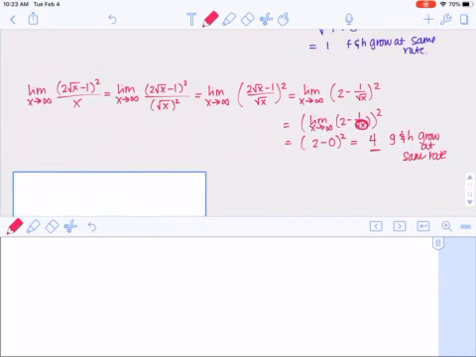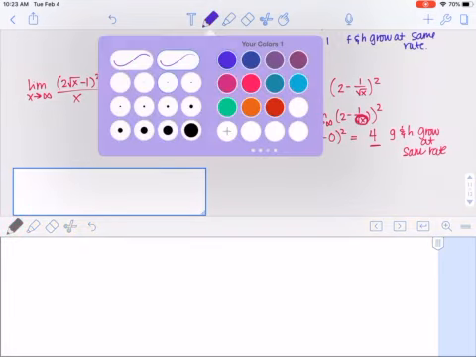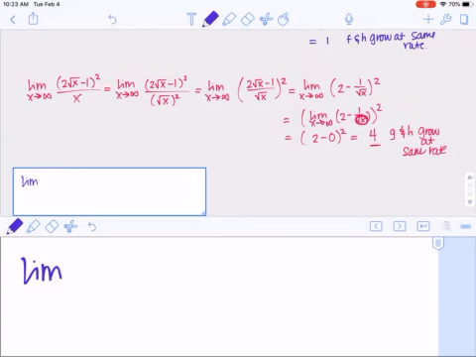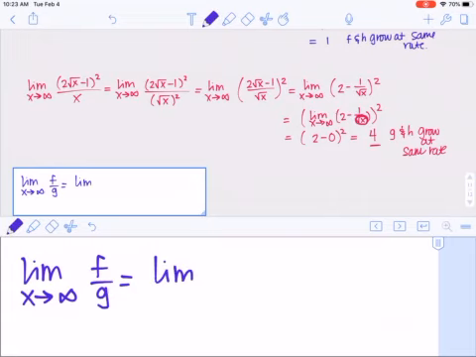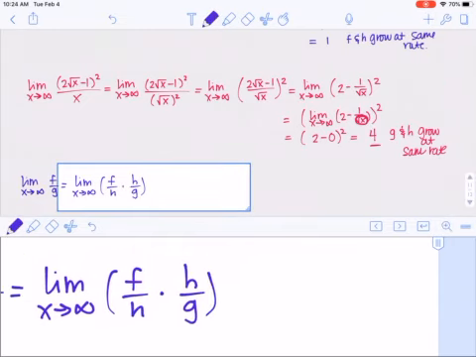Okay. And so I know for sure by transitivity then, if I want to show that f and g grow at the same rate, I can use that property on the previous slide. So if I want to do f over g, that's the same thing as the limit as x goes to infinity of f over h times h over g.